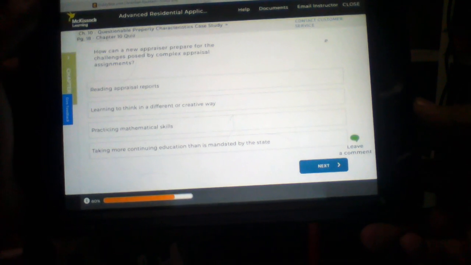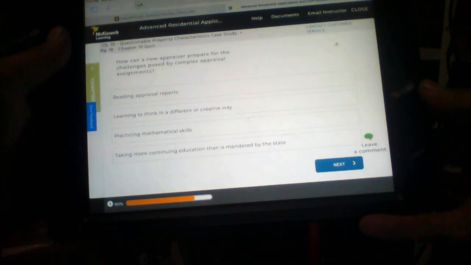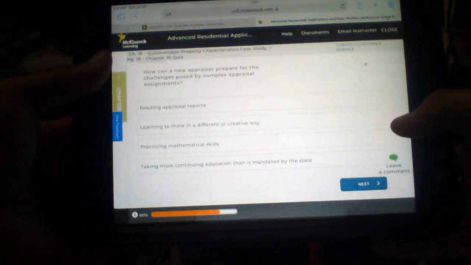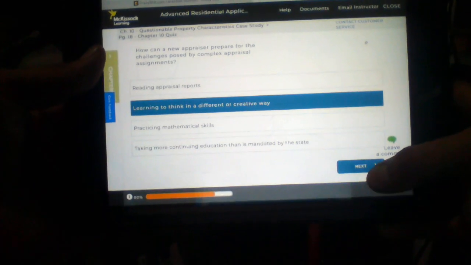Or D, taking more continuing education than is mandated by the state. Honestly, you can probably do all of these and prepare, but I think the most correct answer for the point that they want is for you to think in a different or creative way.